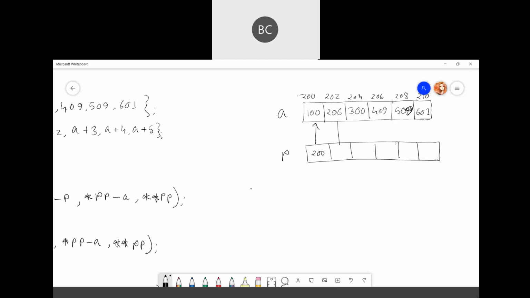For this one 202, this one 204, this one 206, 208, and 210.